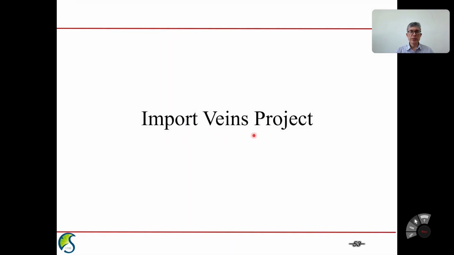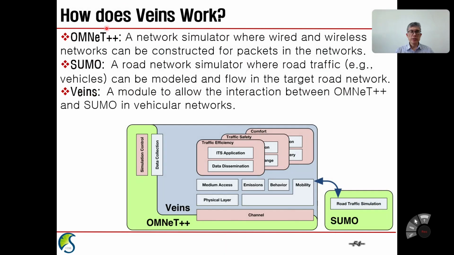And the import of the Veins project. How does Veins work? OMNeT++ is a network simulator, right? And then SUMO is a road network simulator. So we combine the two kinds of simulators, and you can see Veins. Veins is an OMNeT++ library.